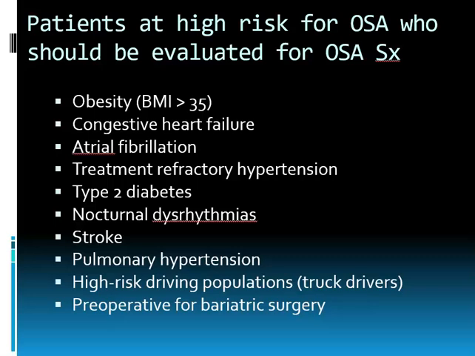So we know our high-risk patients should be evaluated for obstructive sleep apnea symptoms. We should start looking at whether they could potentially have this disorder. Overweight? Do they have any heart issues, CHF, AFib, hypertension, and specifically treatment-refractory hypertension, meaning they're on medications and the medications just aren't doing enough to control it, because OSA can make hypertension continue to spiral out of control.